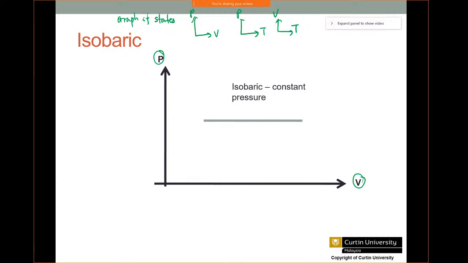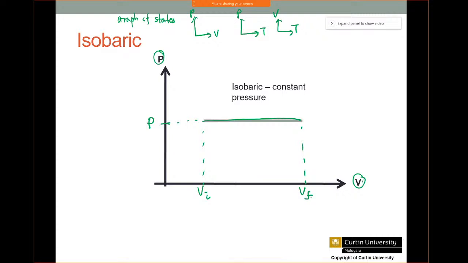If you are plotting an isobaric process in a PV graph, it is very easy, just a horizontal straight line like this. So your value of P is constant. What will change? Your volume will change.